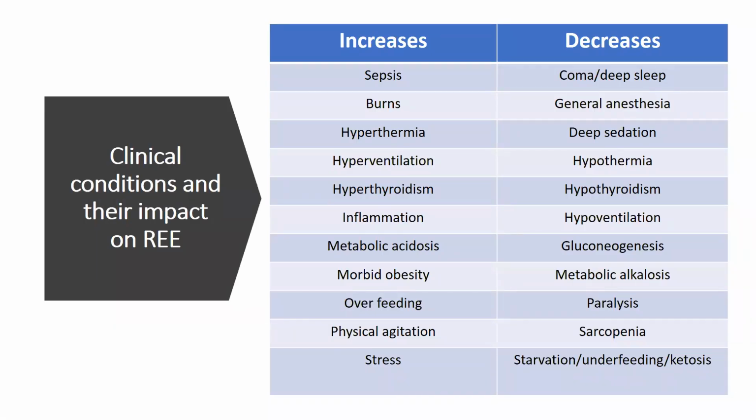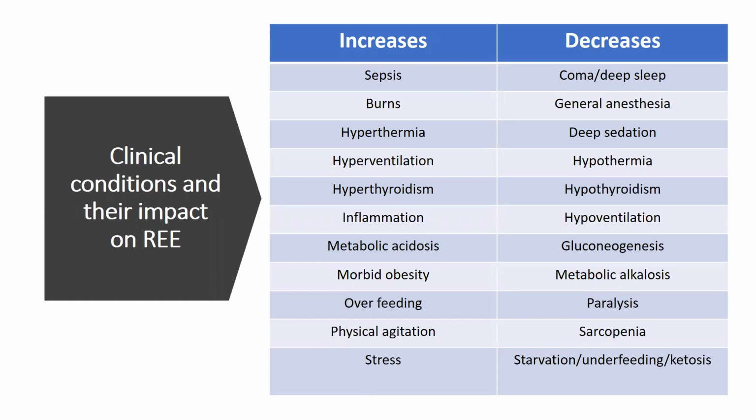Clinical conditions impact resting energy expenditure in different ways. Take, for example, clinical conditions like sepsis or burns. I think all of us can understand how that would increase your resting energy expenditure. It's an inflammatory phase type of syndrome. Hyperthermia, hyperventilation, metabolic acidosis, inflammation, obesity, overfeeding, agitation, stress.